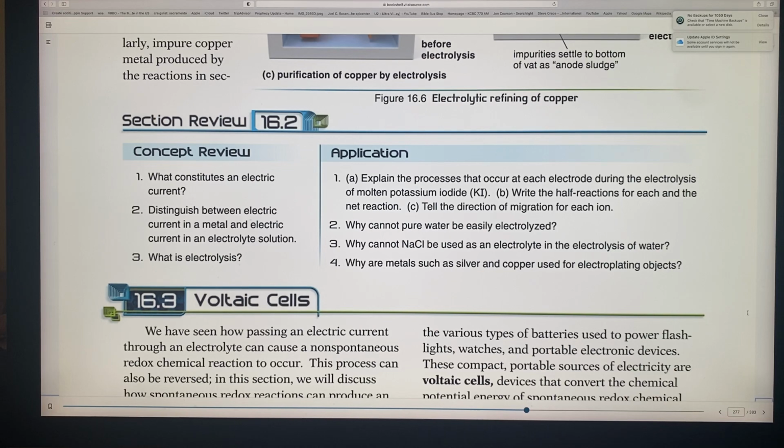So let's go back, I want to go over the questions a little bit here. What constitutes electric current? Well, electric current is the flow of electric charge. Now, distinguish between electric current in a metal and electric current in an electrolyte.